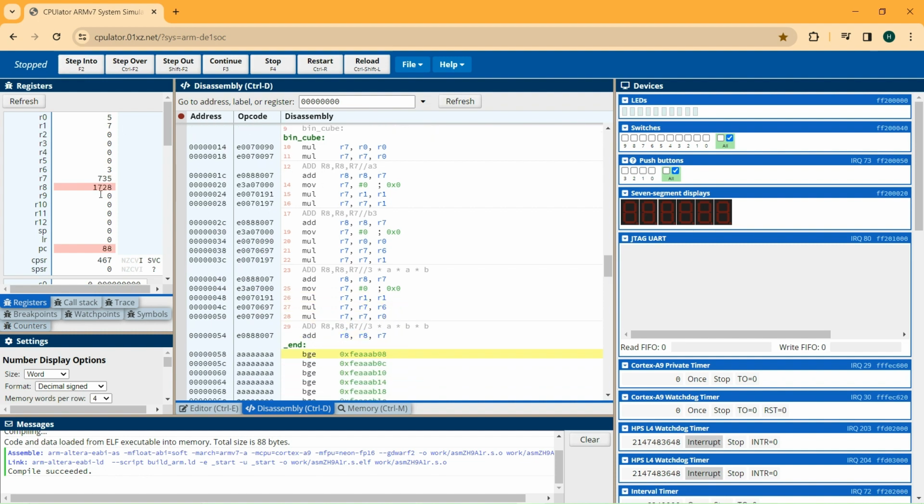The final result is 1728, which is true, so this program works.